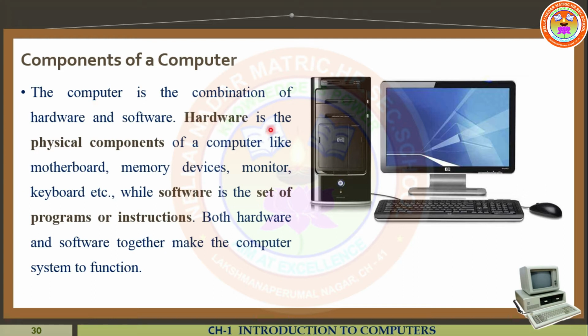What is hardware? Hardware is the physical components of a computer, like the motherboard, memory devices, monitor, keyboard, etc. So generally hardware means physical components. The physical components you can see in front of you, those devices are all called hardware devices.